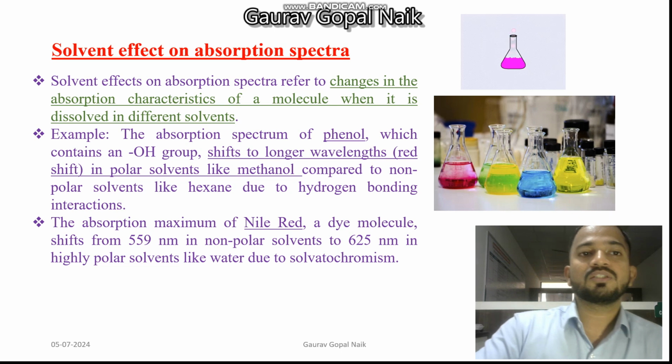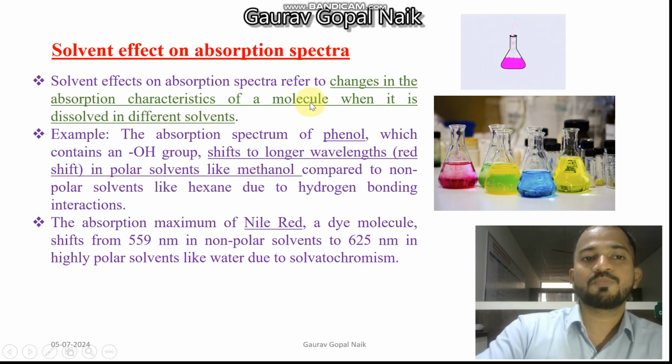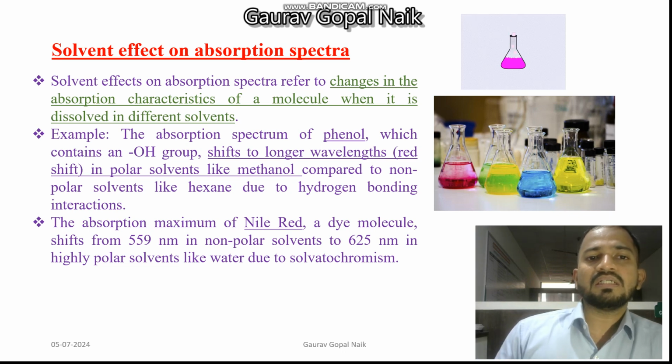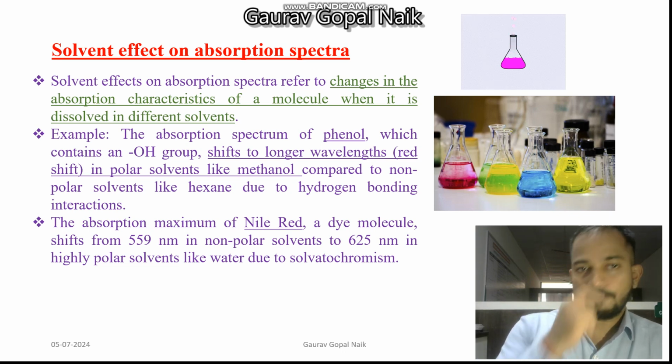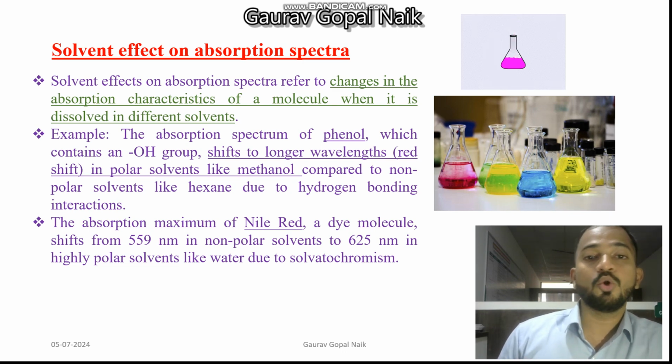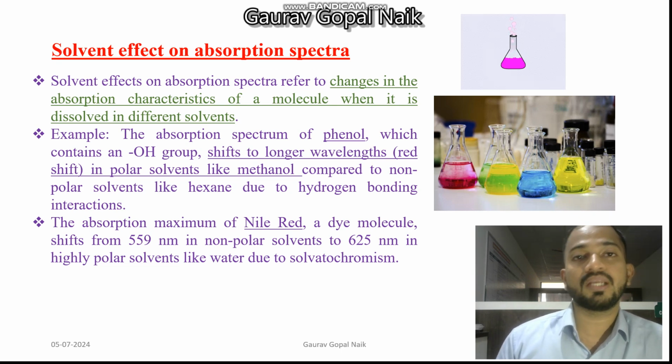Now coming to the solvent effect on absorption spectrum, let's consider an example of phenol. Phenol contains an OH group. When we put the phenol in methanol, there is a shift to longer wavelength, also called bathochromic shift. This is due to hydrogen bonding.